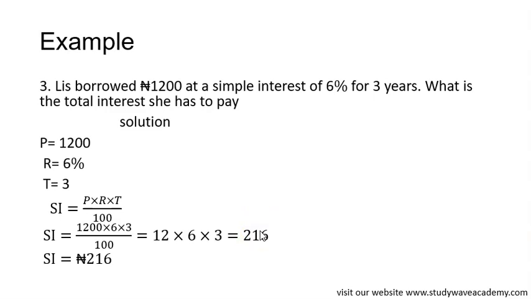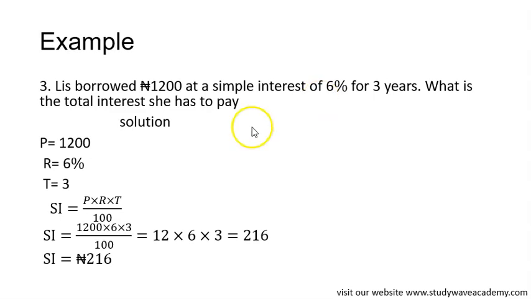So Liz will pay the total interest of 216 naira, okay? So Liz will have to pay 216 naira interest over 3 years period. Do you understand? Liz borrowed 1,200 naira at the rate of 6%.